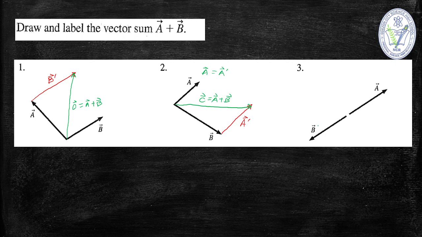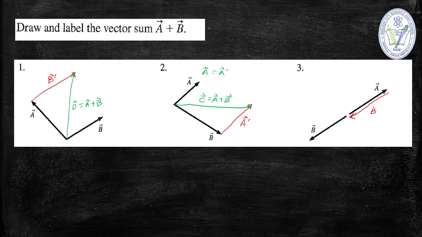Now for number 3, the vector sum for this one, I would replicate B. So if B would be connected to the head of A, it would be something like this.